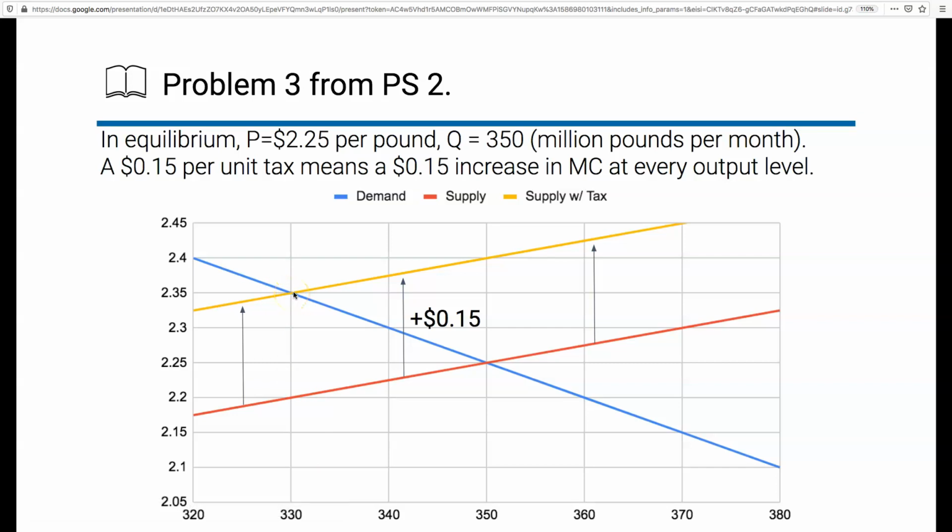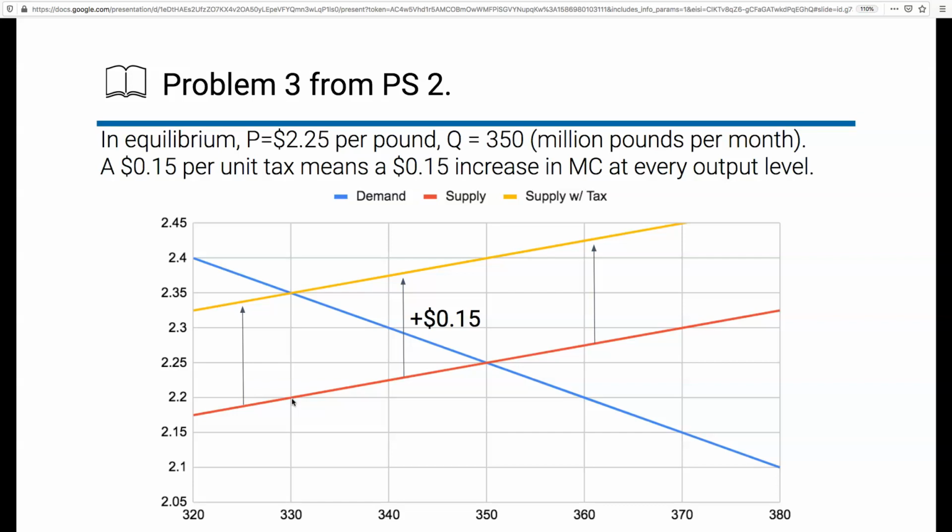This is a way to determine what the equilibrium after tax is going to be. But remember that, in effect, what happened is we just added the tax to the supply curve. And so the producers, while receiving 235, are only keeping 235 minus 15 cents, 220 per unit that they sell.